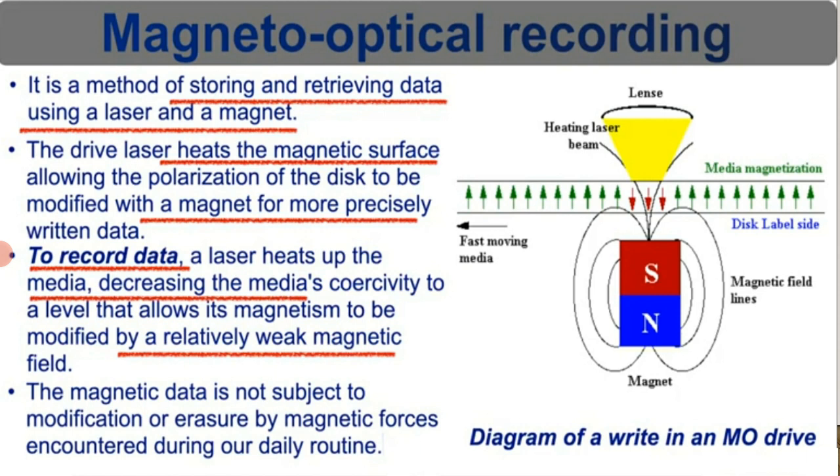To record data, a laser heats up the media, decreasing the media's coercivity to a level that allows its magnetism to be modified by a relatively weak magnetic field. The magnetic data is not subject to modification or erasure by magnetic forces encountered during our daily routine.